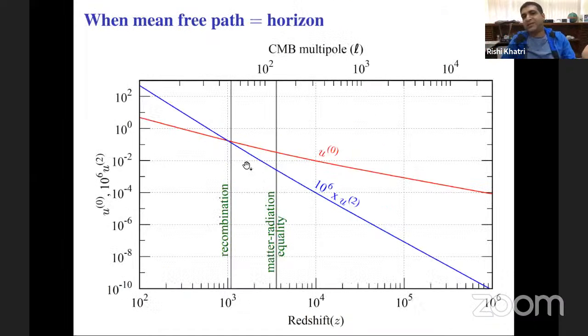At lower redshift, the mean free path of the neutrinos is higher than the horizon scale. So below redshift of 10 to the 4, neutrinos are free streaming, and above, they are not. There is a transition from non-free streaming behavior to free streaming behavior as we go down in redshift, and that introduces a scale dependence in this power spectrum.